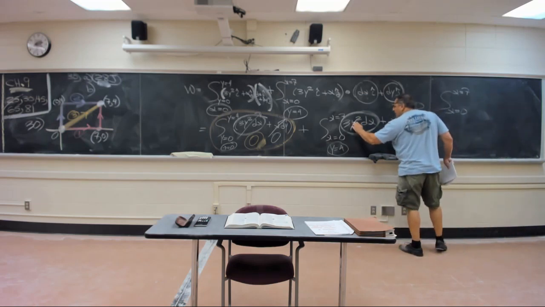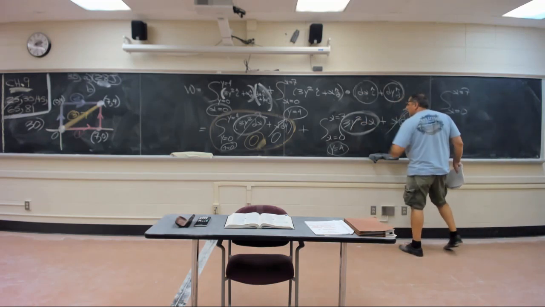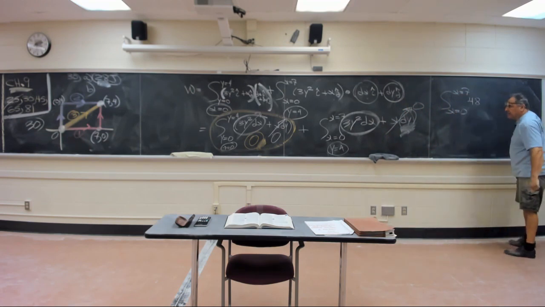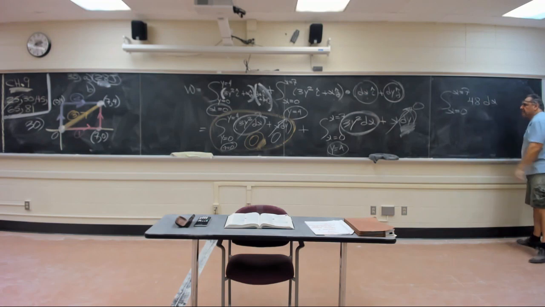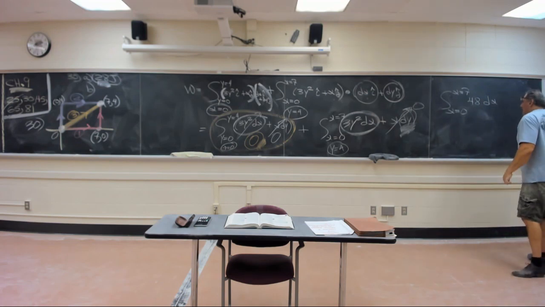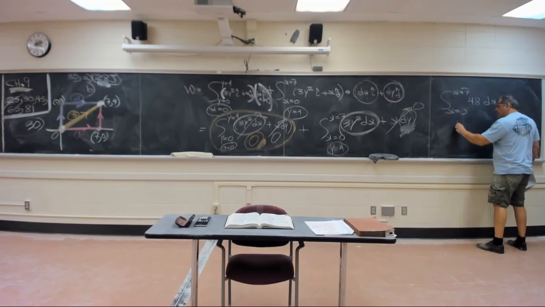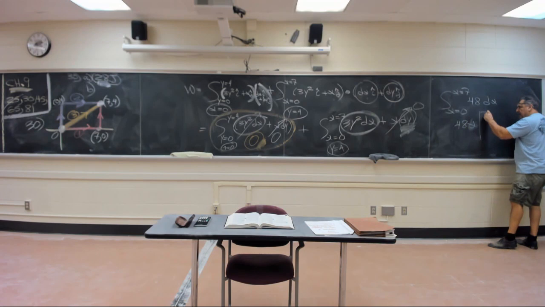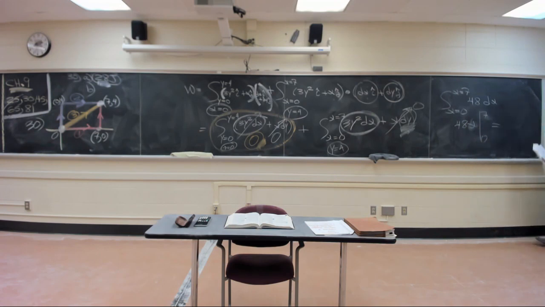Y right here, that's a 4. 4 squared is 16 times 3 is 48. 48x. Go 7 times this. Put a 7 in here, and you should get 336. Put a 0 in here, you should get 0.